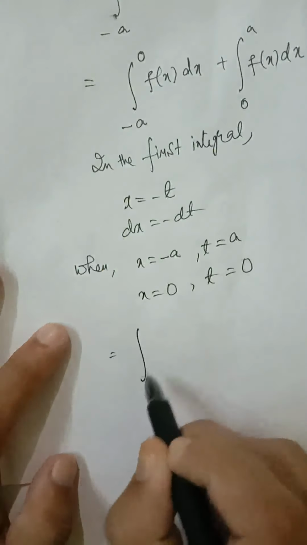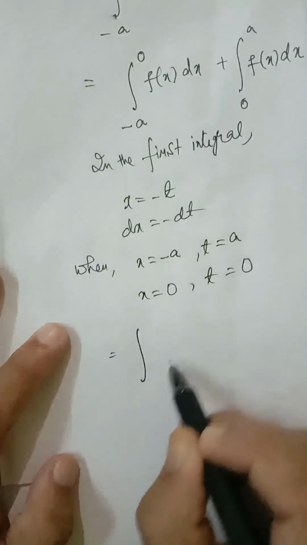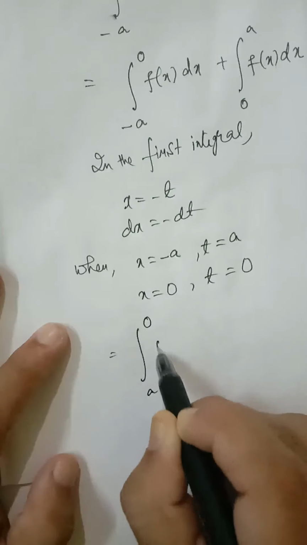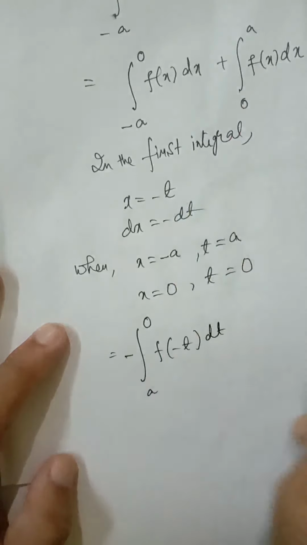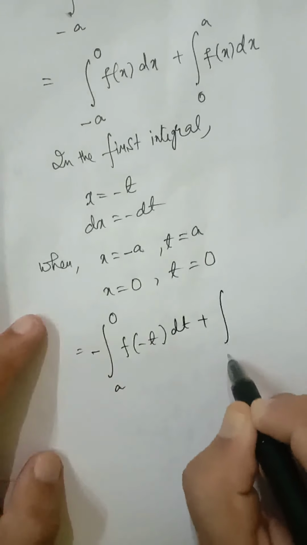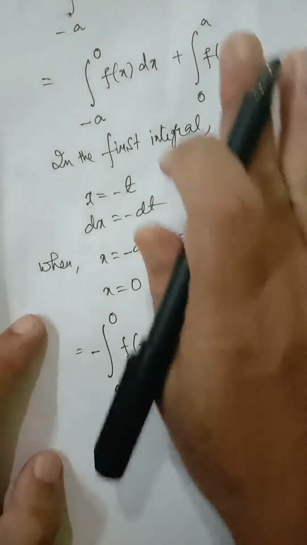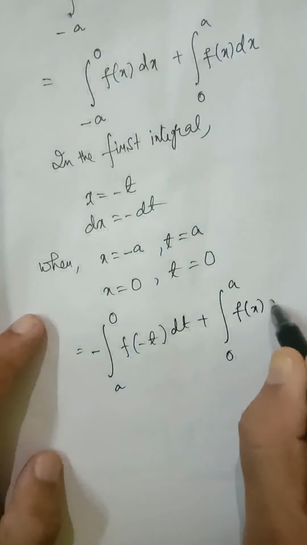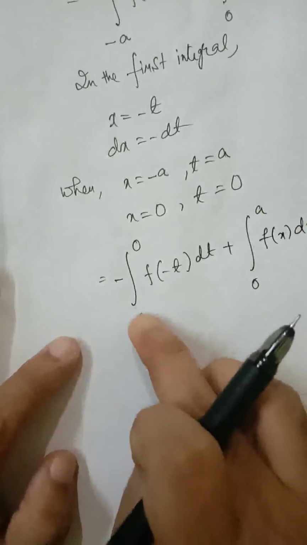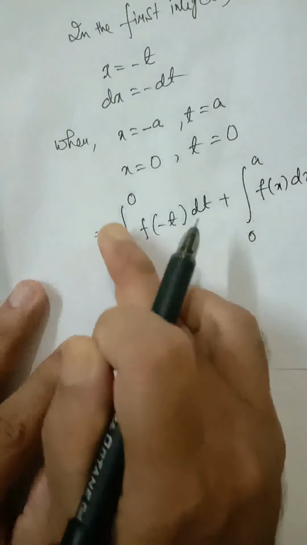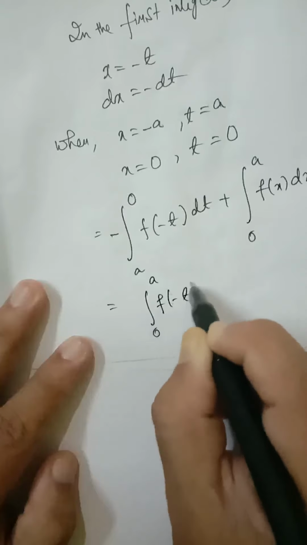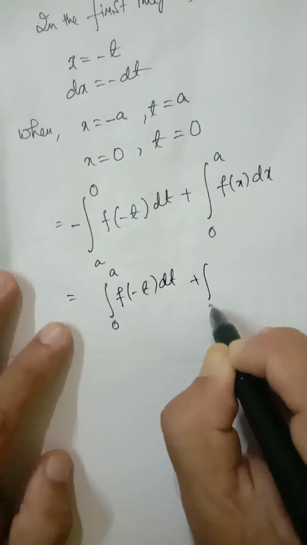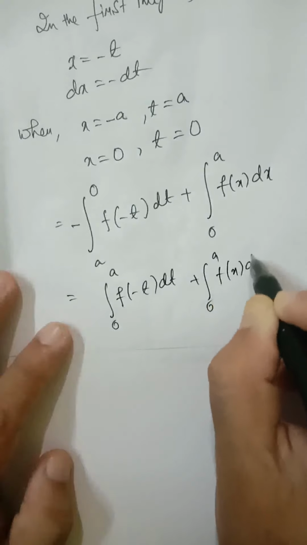Now this will become minus the integral from a to 0 of f(-t) dt. I will keep the second integral, 0 to a, unchanged. From a to 0, we can interchange the limits with a minus sign. This will become plus the integral from 0 to a of f(-t) dt plus the integral from 0 to a of f(x) dx.